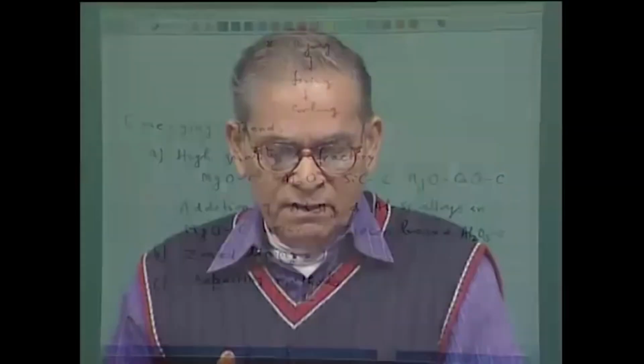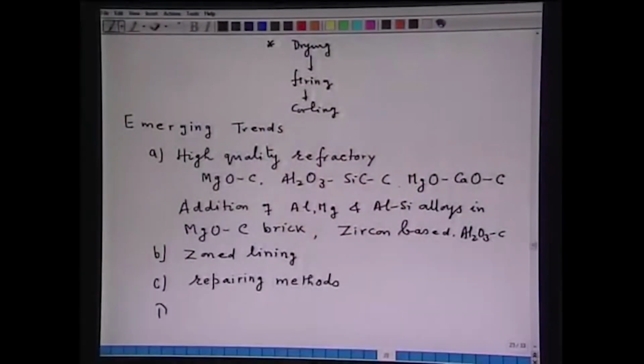Slag splashing, some part we have seen in the BOF lecture, slag coating, hot patching, gunning, and here flame gunning has been developed, and flame gunning involves melting and spraying on a hot surface. And the last portion which I could get is the monolithic refractory.